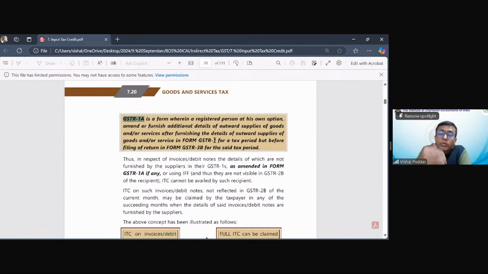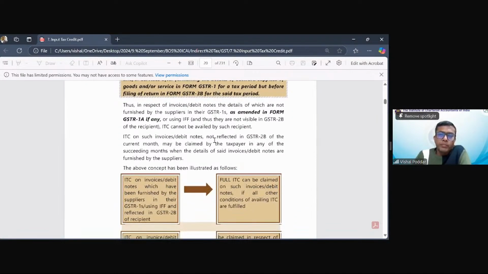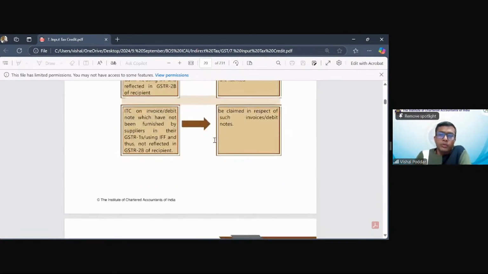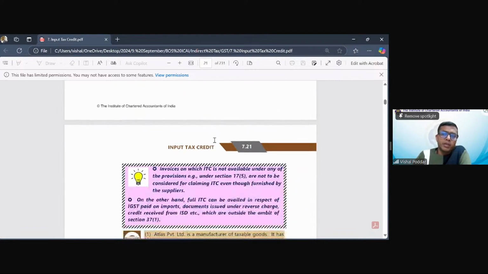I checked it, I found some mistake. I informed him, he does the correction in his 1A. And once he does the correction, it will again be auto-populated in my 2A, 2B, but now in the next month only. So once there is some mistake from the supplier's end, it will be corrected by the supplier in his 1A, but I will get the credit only in the next month.